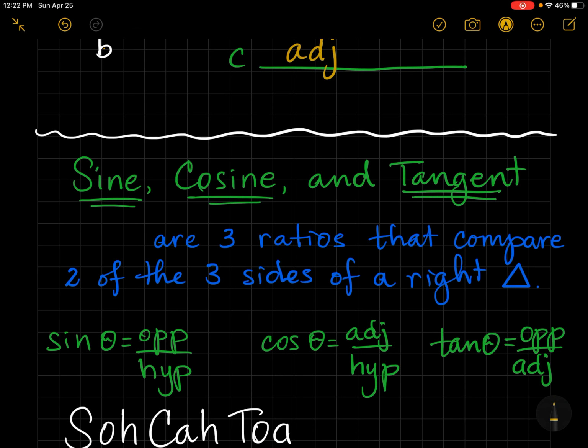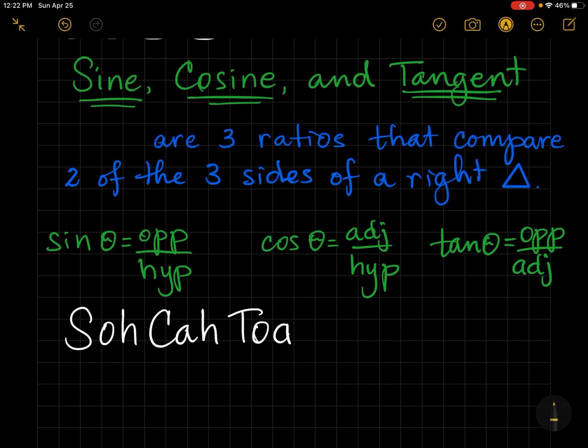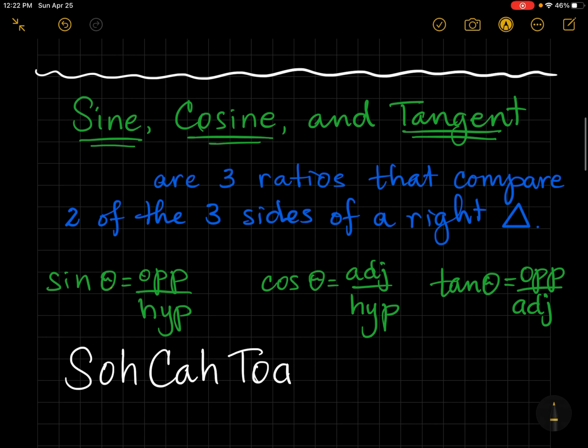Now, let's talk about sine, cosine, and tangent. These are 3 ratios that compare 2 of the 3 sides of a right triangle. So, for sine, and notice I put theta because the ratio only makes sense if you know which angle you're referring to.